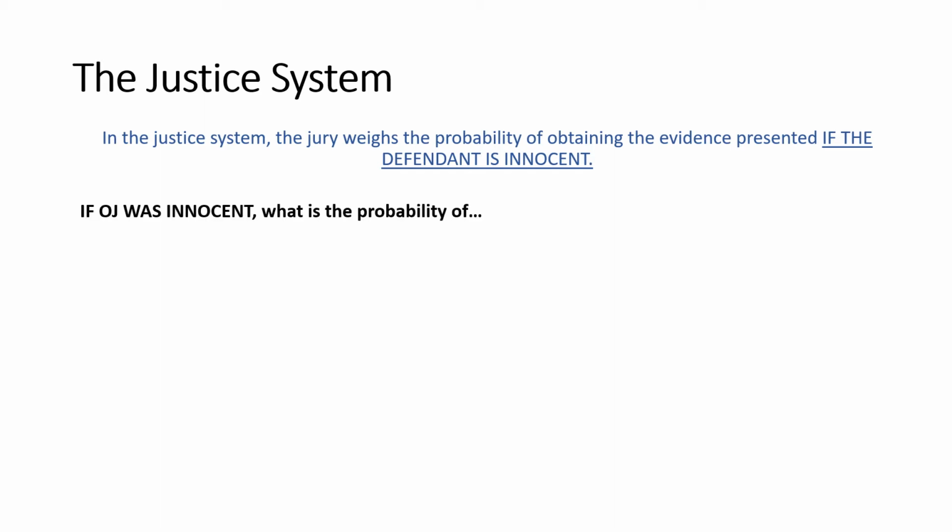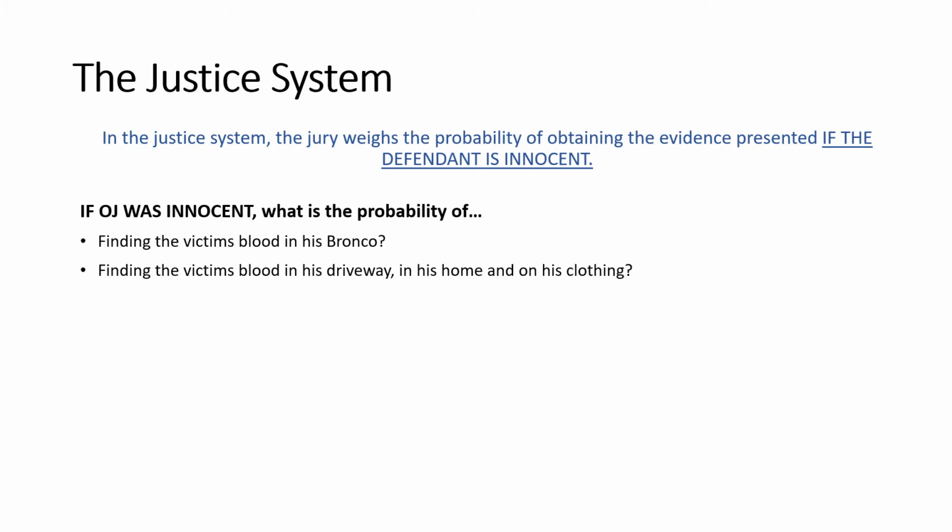So in OJ's case, if OJ was innocent, what's the probability of finding the victim's blood in his Bronco? If OJ was innocent, what's the probability of finding the victim's blood in his driveway, in his home, on his clothing?